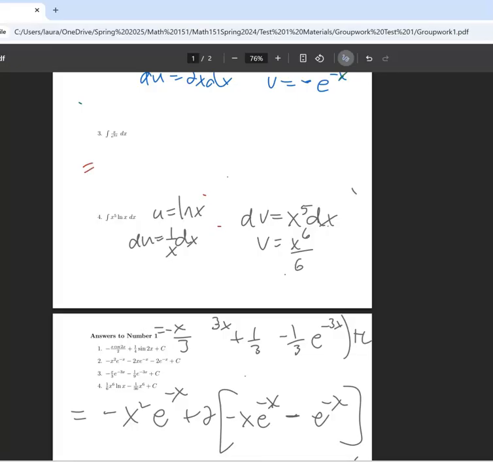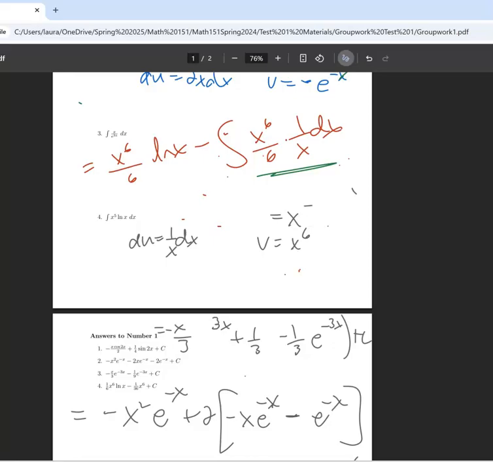So I get uv, so x to the 6 over 6 ln of x, minus the integral of v, x to the 6 over 6, du. Oh, will you look at that? So what happens in here? There's some canceling going on, right? So I get to cancel, and then that's going to be an easy antiderivative.